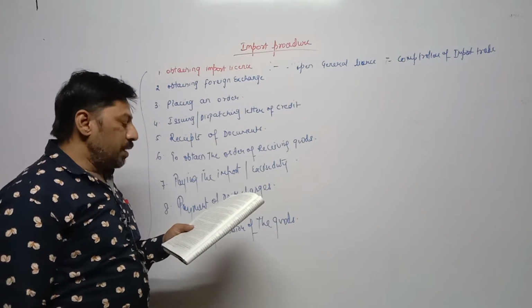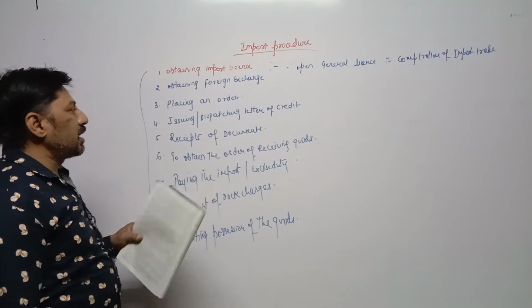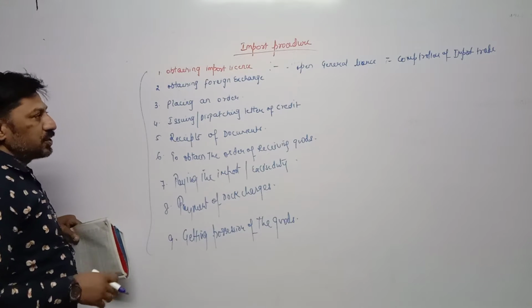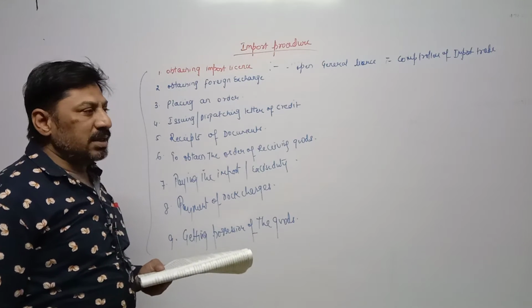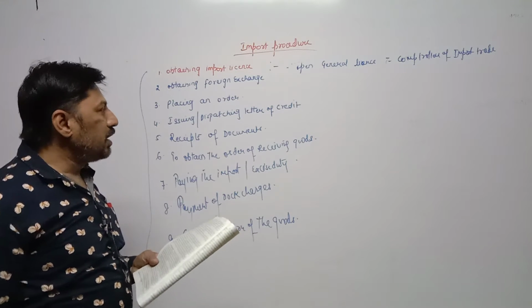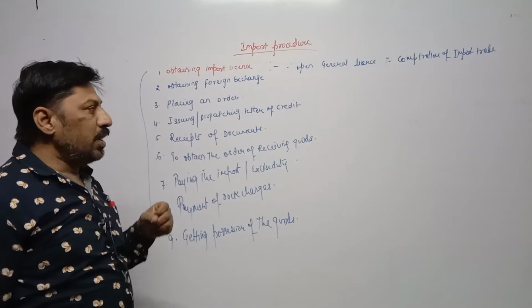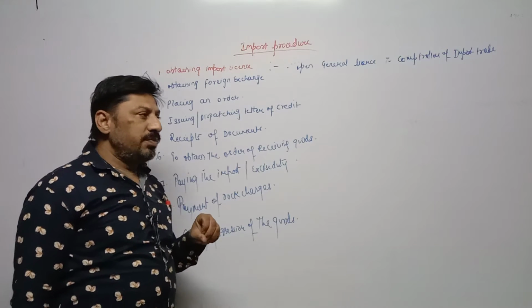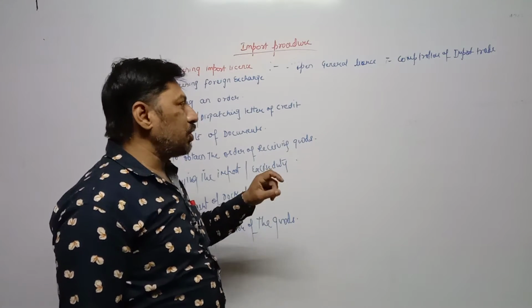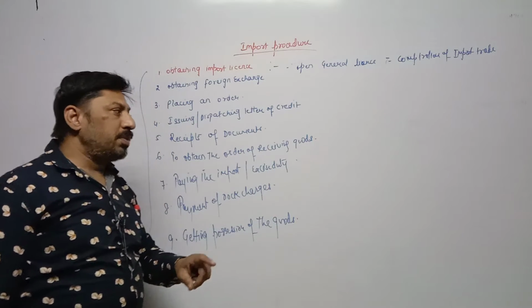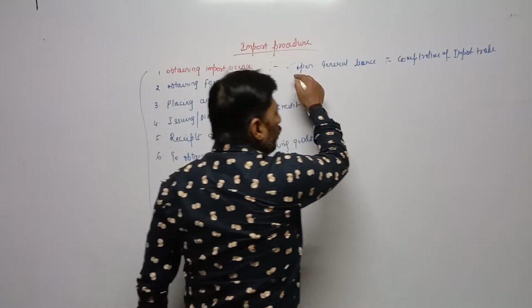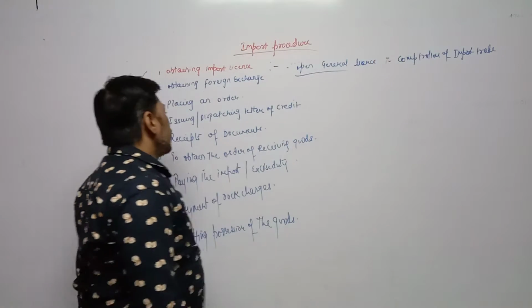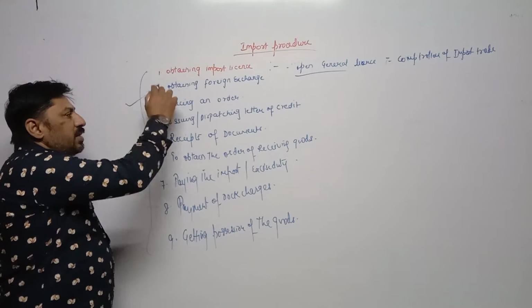Such relevant information is required in the application for a special license, because we are importing goods which are not enlisted in the list of commodities published by government. So after getting either open general license or a special license, the second point is obtaining foreign exchange.